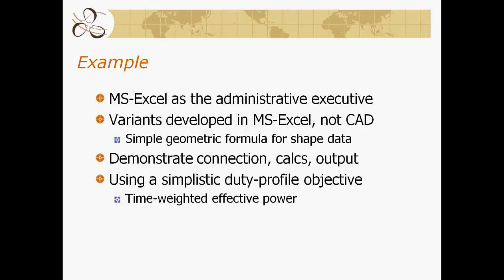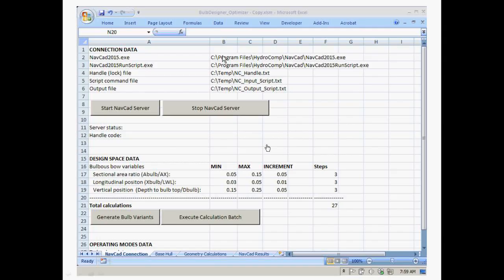Now we're going to demonstrate a connection, calculations, and output. And the duty profile objective, we're using a simplistic time-weighted effective power to illustrate what we're trying to achieve here. We're going to proceed with a video of a calculation session.